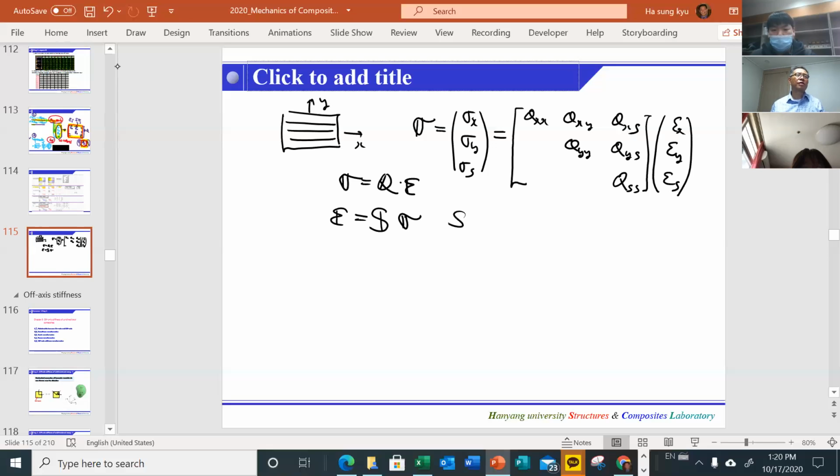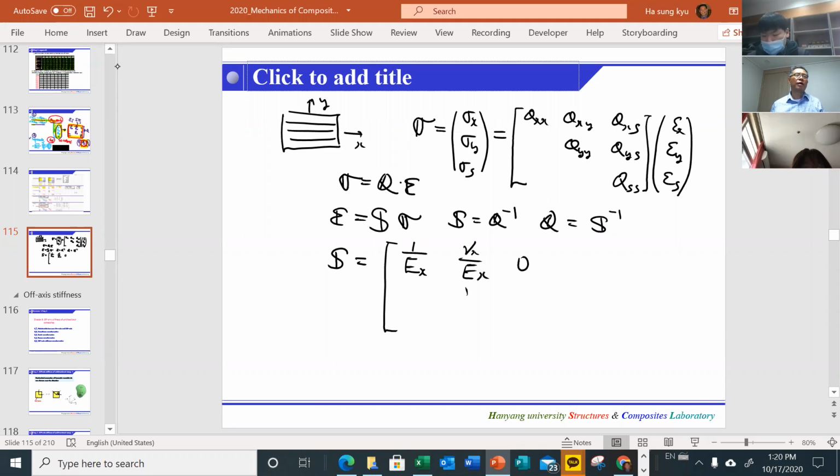Of course, this compliance matrix is the inverse of the Q matrix, or you can say Q is given as the inverse of the compliance matrix, and the compliance matrix is defined from the engineering material properties: 1 over Ex, minus nu x over Ex, and 0, and 1 over Ey, and 0, and 1 over Es. Like that, this is symmetric.